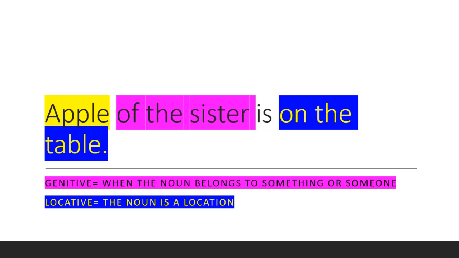Of the sister is in genitive because it's a noun that belongs to something else. The apple belongs to the sister. And then the blue part indicates a noun in locative. Where is the apple? On the table, location.